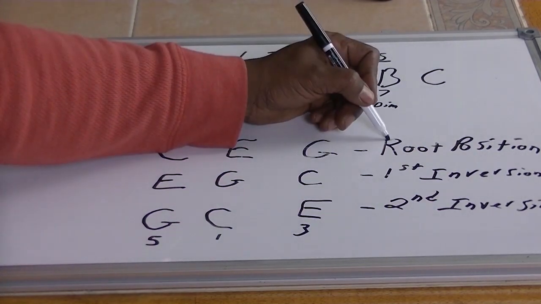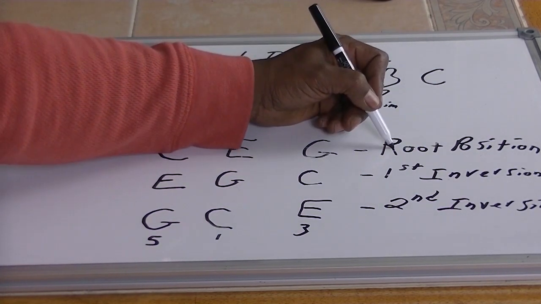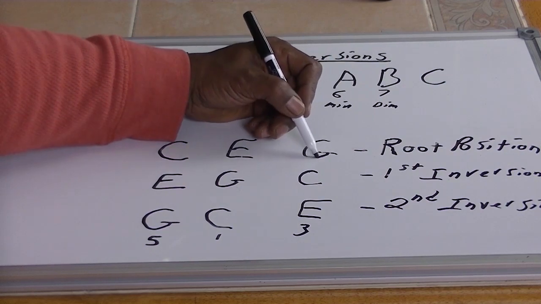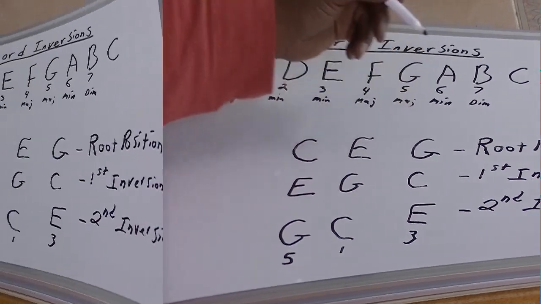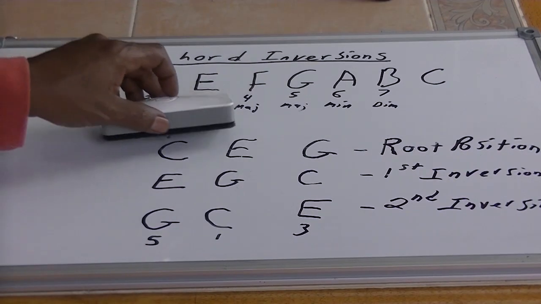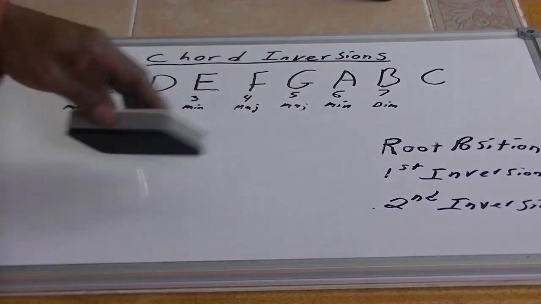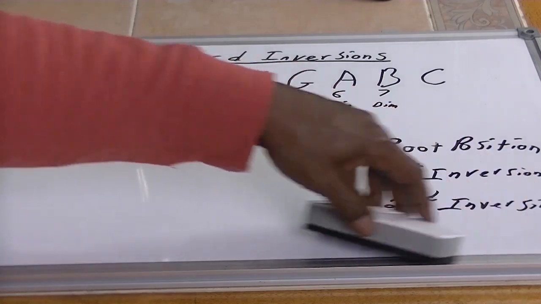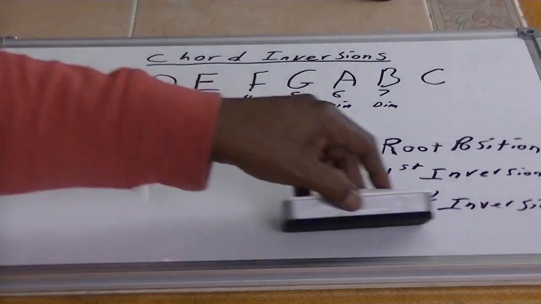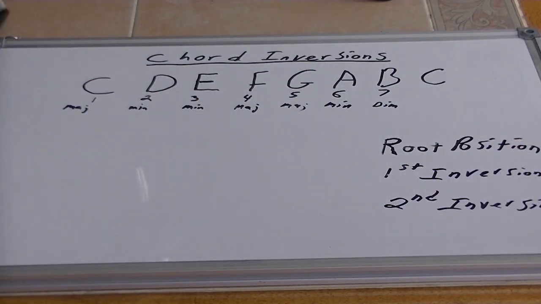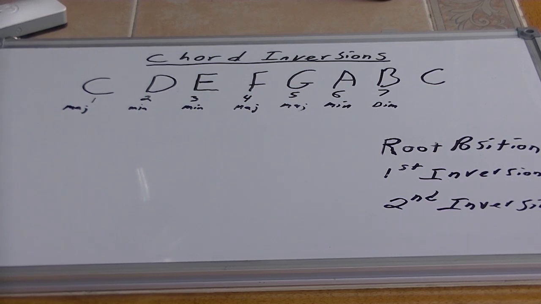Okay, so this is the basic fundamental information of the lesson. And that brings me to the next level of understanding, because in reality, we have been working with chord inversions the whole time. We have been learning different fingerings.